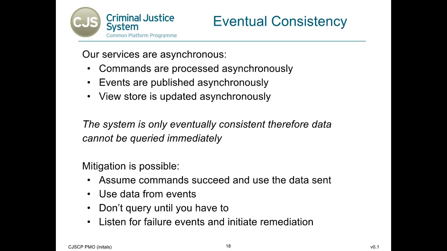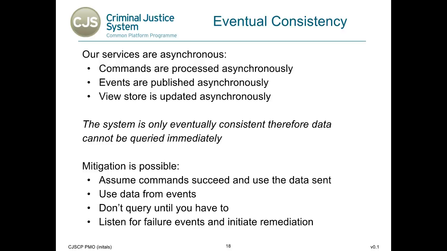So the next slide, I wanted to talk about eventual consistency, because since we've just been talking about events, it's clear that our system is essentially message driven, and pretty much everything past the top layer in each service is going to happen asynchronously.